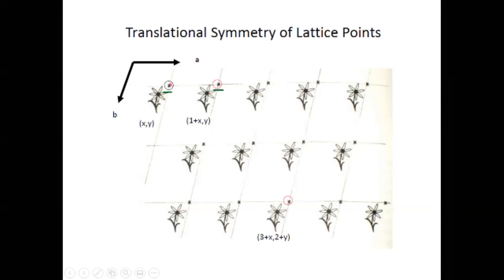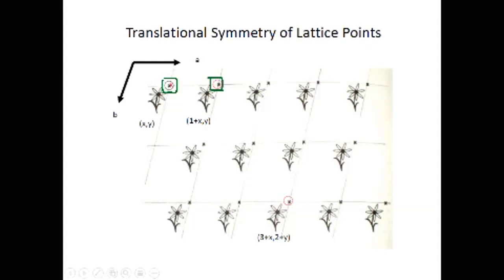And the way we know this is translation is because the only difference between this point and this point is we added 1 to the X value. So these are lattice points of each other. And notice that its spatial distance from the flower is the same in each lattice point. So it's the same distance from the flower.